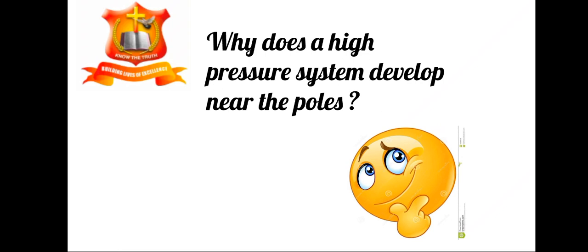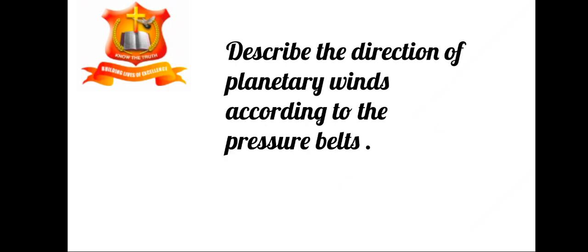For 6 months in a year, the sun rays do not reach the poles at all. Therefore, the temperature is freezing and pressure is high. I hope you understood. Now, describe the direction of planetary winds according to the pressure belts.